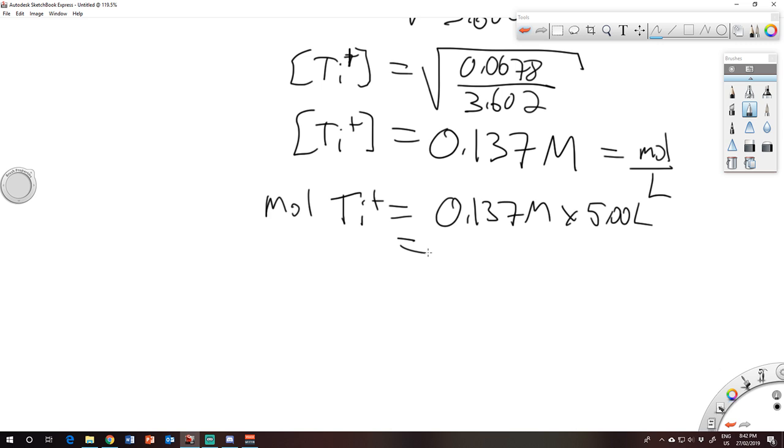So that will be 0.686 moles, I think. There we go.